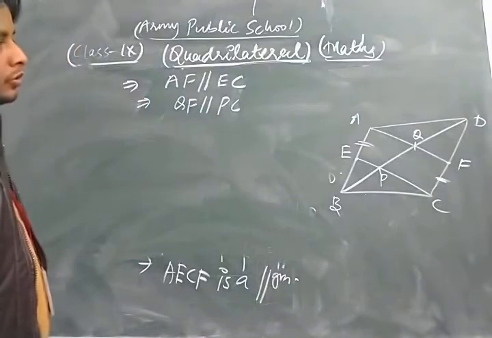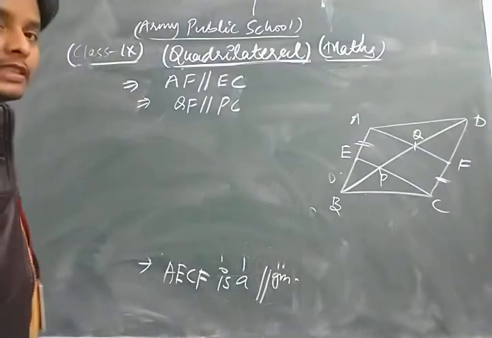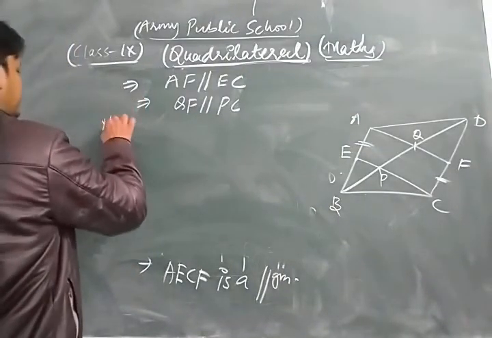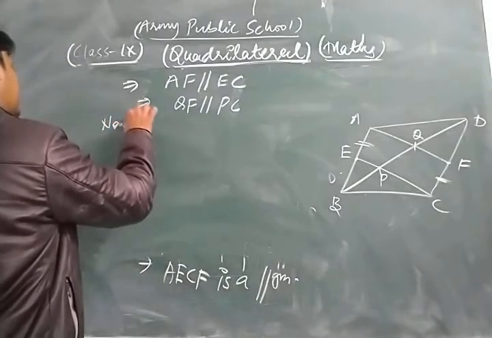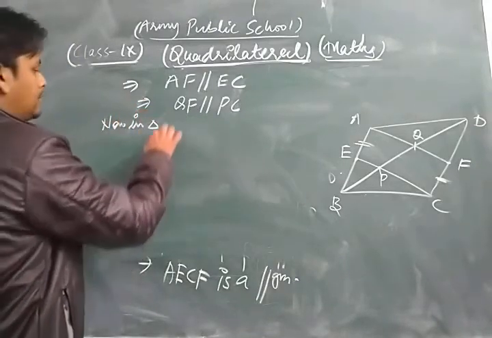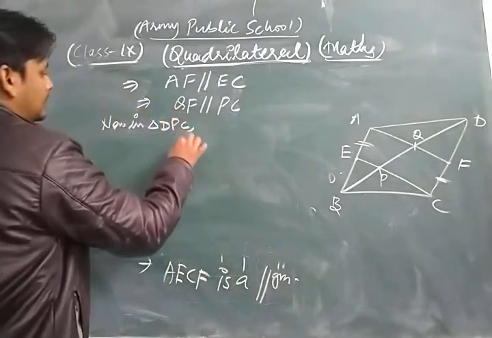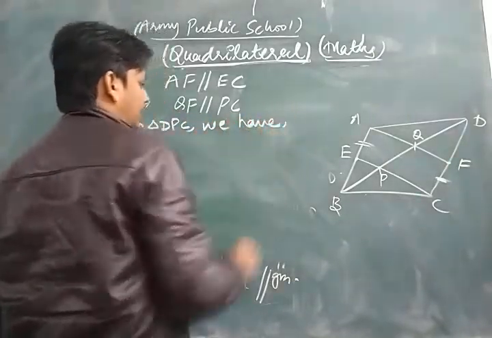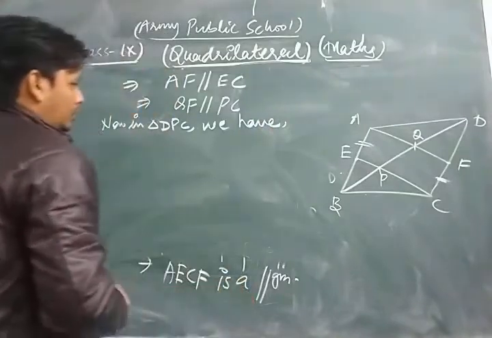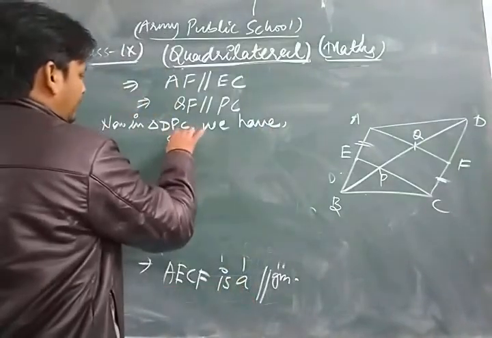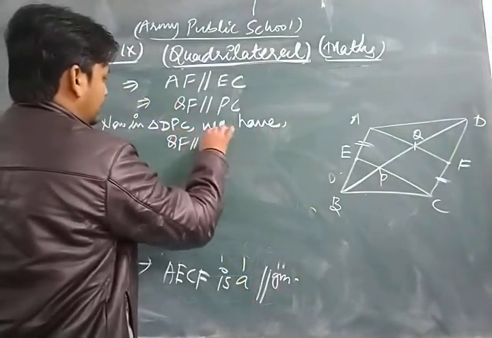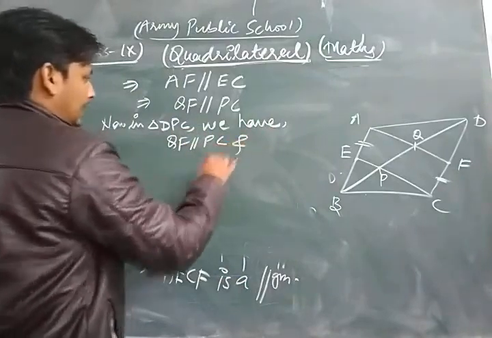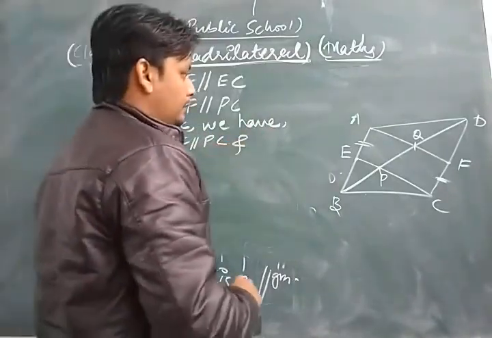Now we take triangle DPC. In triangle DPC, we have QF parallel to PC, and F is the midpoint of CD.